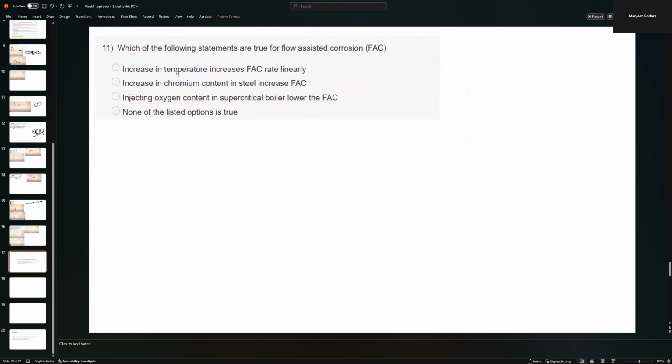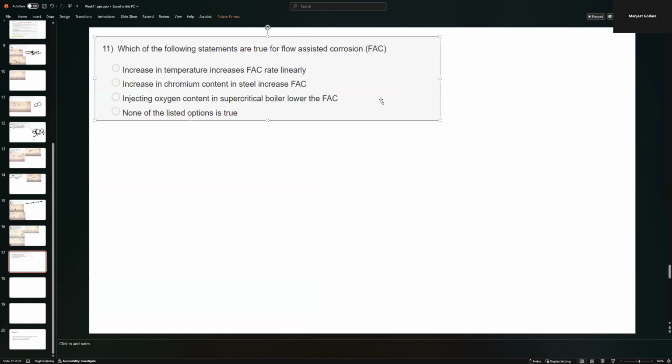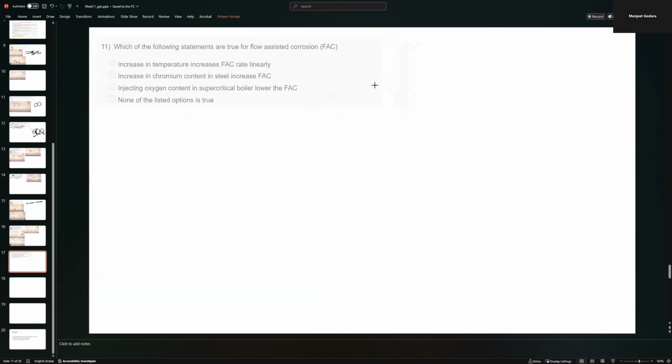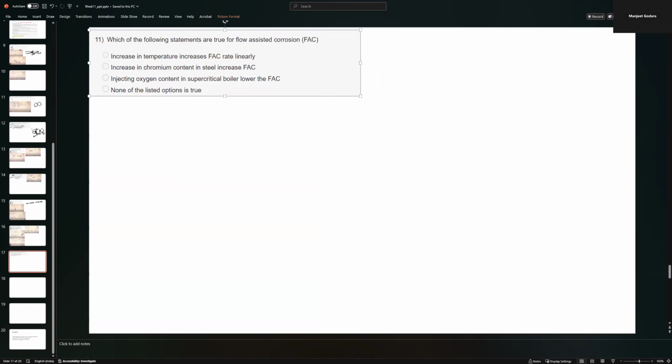Which of the following statements are true for flow assisted corrosion?